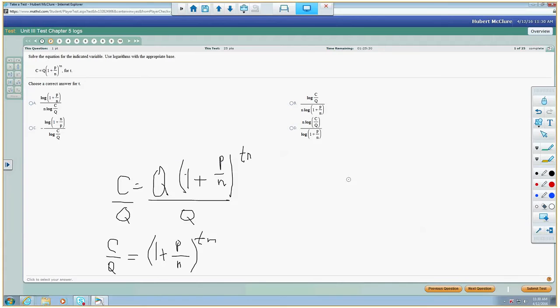So that'd be C over Q is equal to, oh, natural log, sorry, log of C over Q is equal to log of all that to the Tn power.